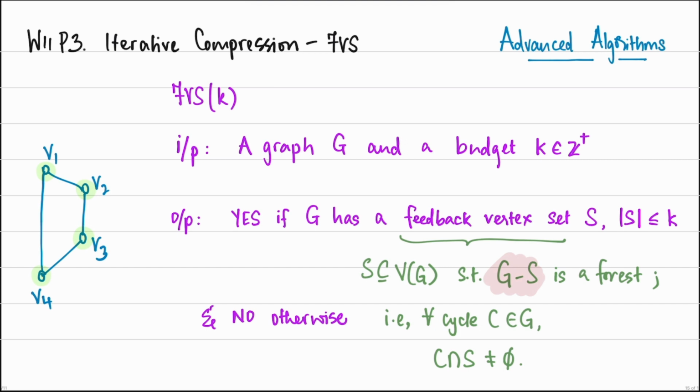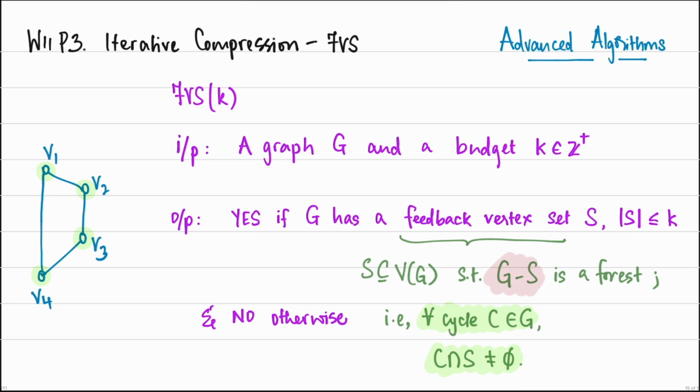But in terms of the definition, just notice that these two things here, of course, are equivalent. A subset of vertices S that intersects every cycle is exactly a subset S whose removal makes the graph a forest. And this is simply because a forest is an acyclic graph, right? So these are just two ways of saying the same thing, right?